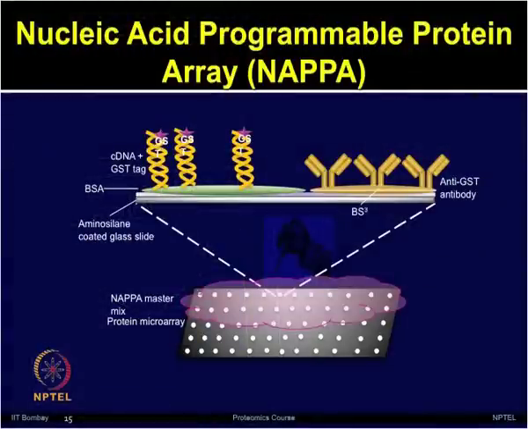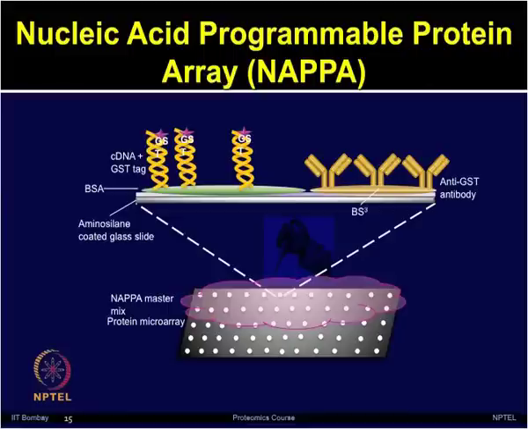The master mix consists of a few components, which include a cDNA containing GST tag, BSA or bovine serum albumin protein, BS3 crosslinker and anti-GST capture antibody. So, the cDNA containing the gene to be expressed as its glutathione S-transferase GST fusion is immobilized on the array surface in the master mix.